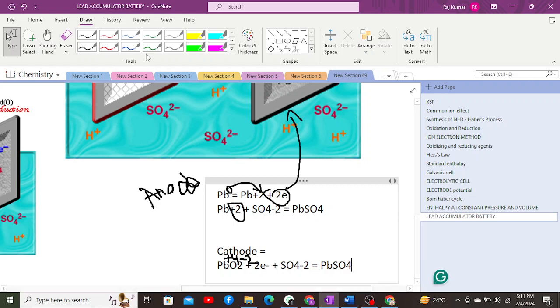The oxidation number of lead in lead sulfate is plus 2, which means the oxidation number has decreased and reduction is occurring. So this would be considered the reduction process.